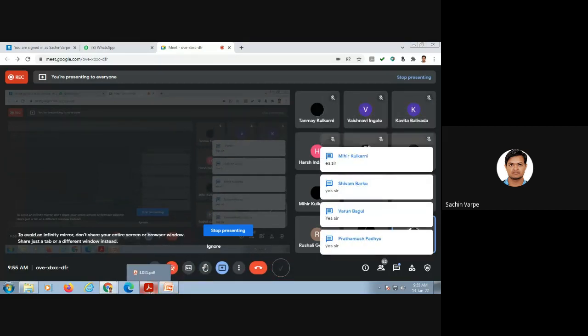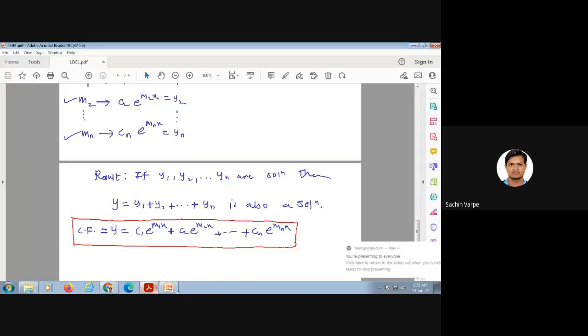Okay, thank you, everyone. Now the point is whether this formula for the complementary function is general for all roots, because we know the nature of roots can differ. Roots can be real, roots can be complex. Roots can be real distinct or real equal. Similarly, roots can be complex and distinct, and roots can be complex repeated.